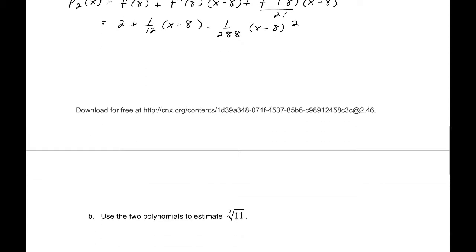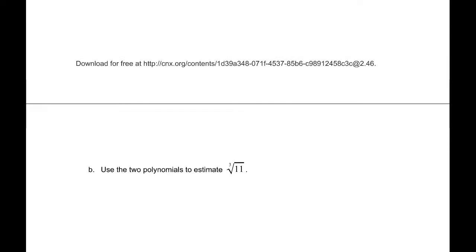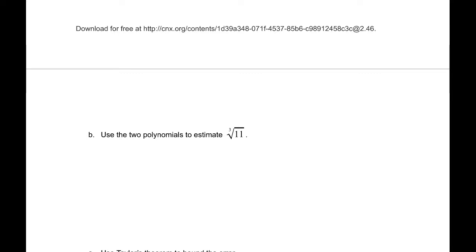All right, now let's use those two polynomials to estimate the cube root of 11. So what we'll do is we'll evaluate each of those. Our P1, we'll evaluate that at 11. That is 2 plus 1/12 times x minus 8, well, our x is 11, so 11 minus 8, which is 2.25. There's our approximation.